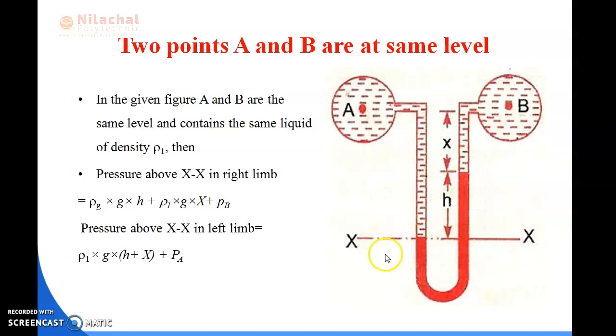Then you will calculate the pressure above the bottom line in the left limb. Then you will equate the pressures. First, let's calculate the pressure above the bottom line. So what is the pressure?